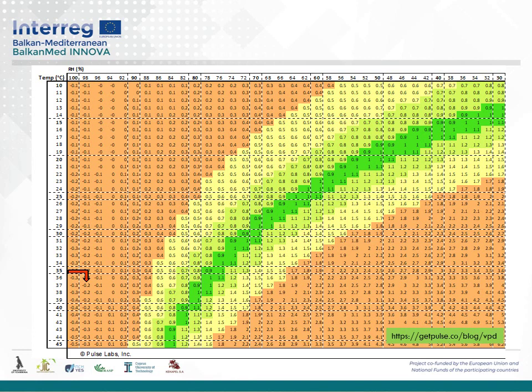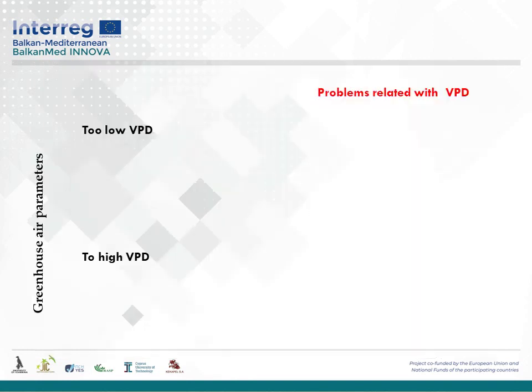Let's see in more detail what happens when the VPD values are either too small or too large.